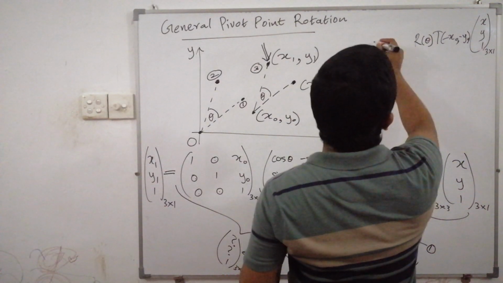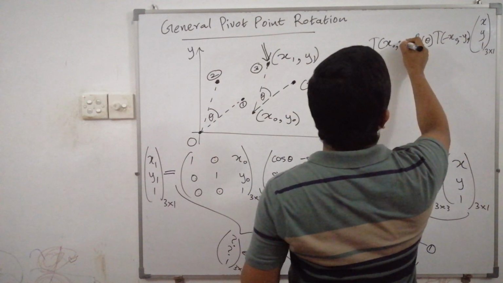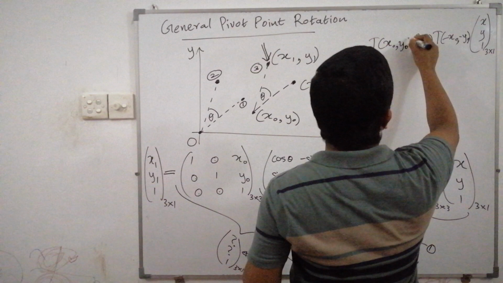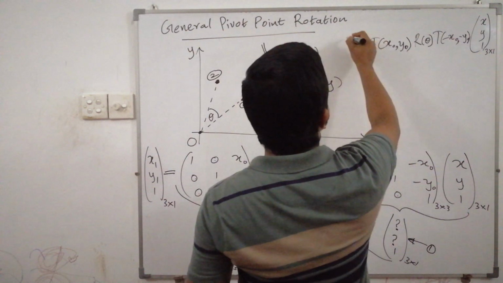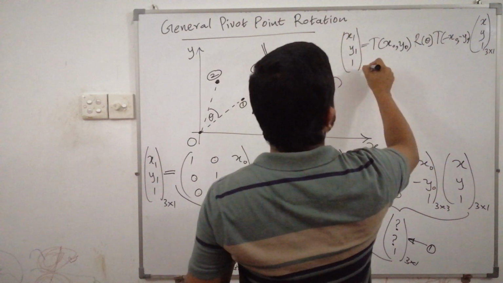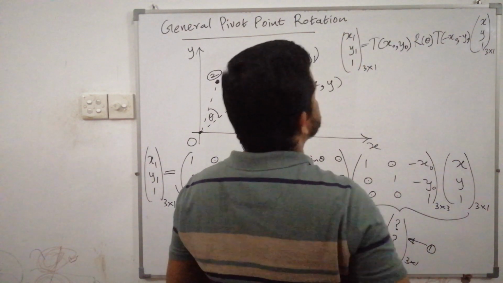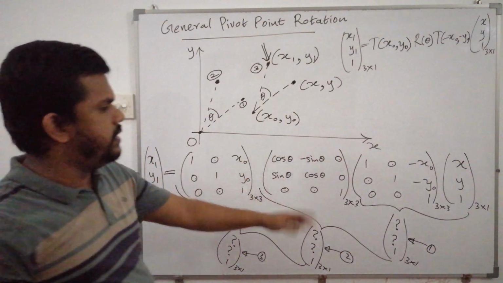So here again we put x naught, y naught. And then finally we could get x1, y1, 1, 3 cross 1. So that is what we did here.